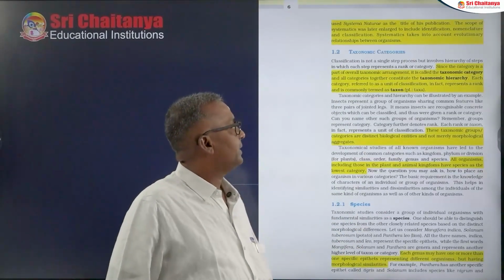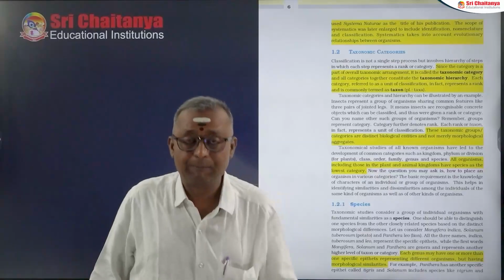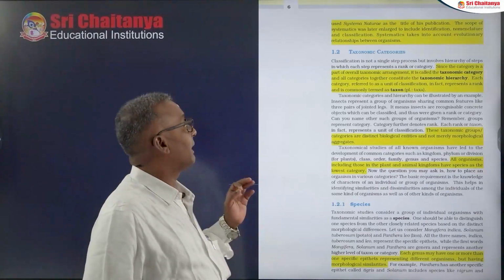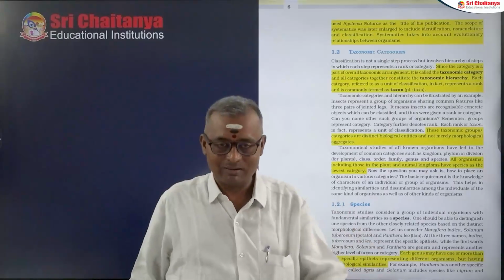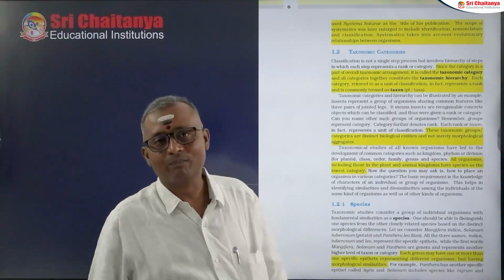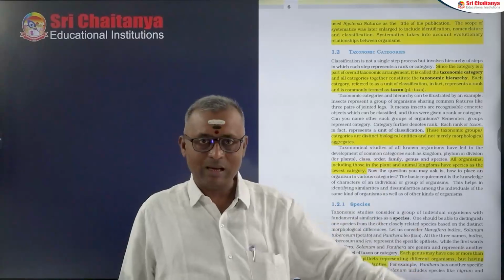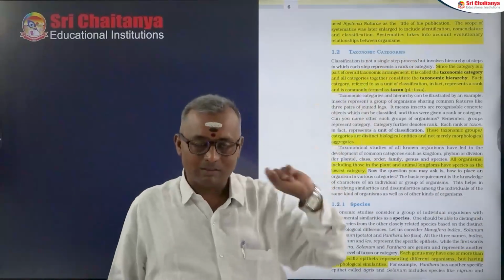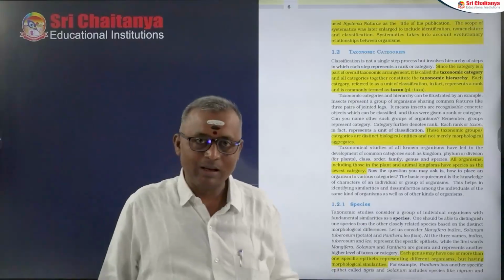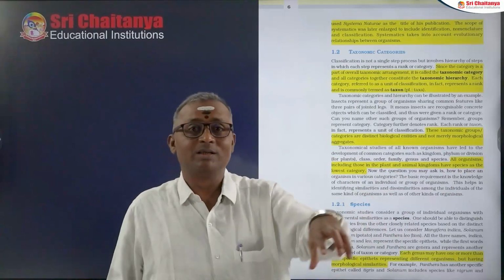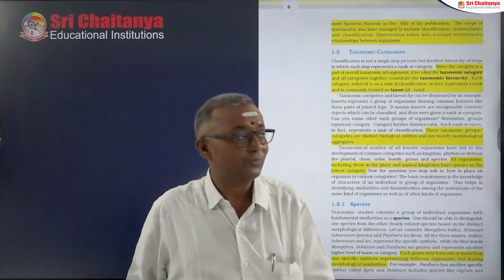Now, here, each step of this hierarchy is called a category or a rank. Coordinator is a rank or category. Dean is a rank or category. Chairman or director is also a rank or category to run this whole Sri Chaitanya Institute.